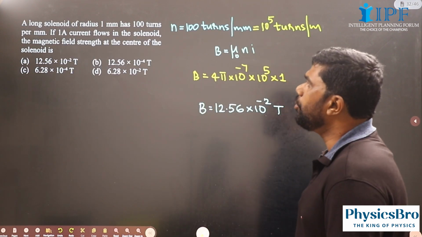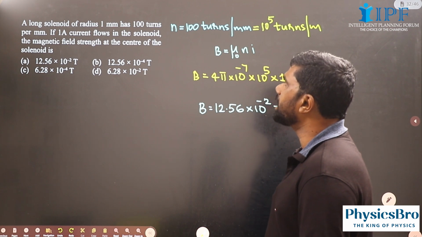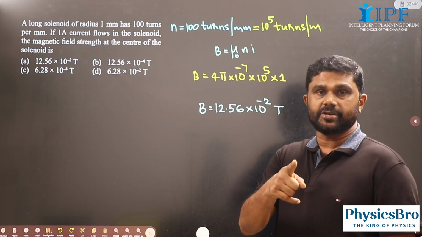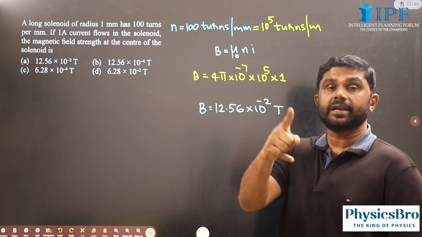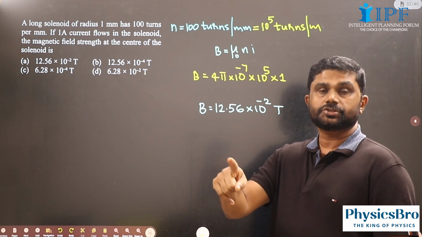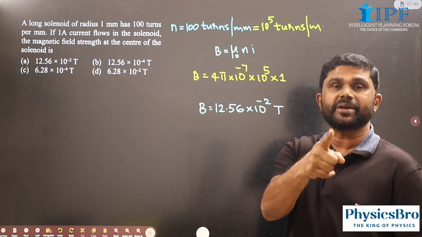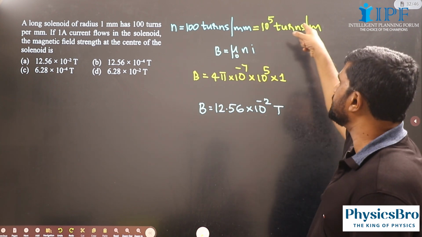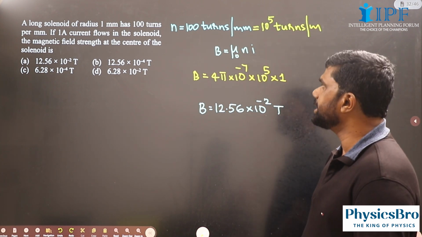Okay, a long solenoid of radius 1 millimeter has 100 turns per millimeter. See, in every millimeter 100 turns. So in 1000 millimeter or in 1 meter, 100 into 1000, that is 10 raised to 5 turns per meter. Okay, that is in SI units.